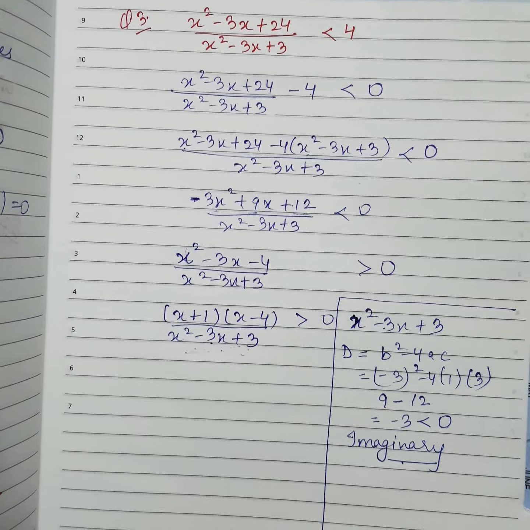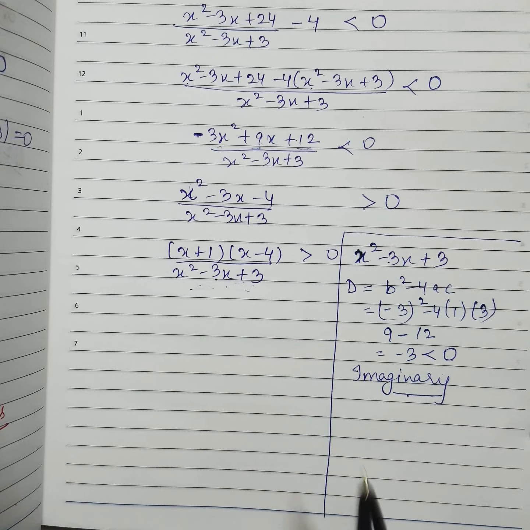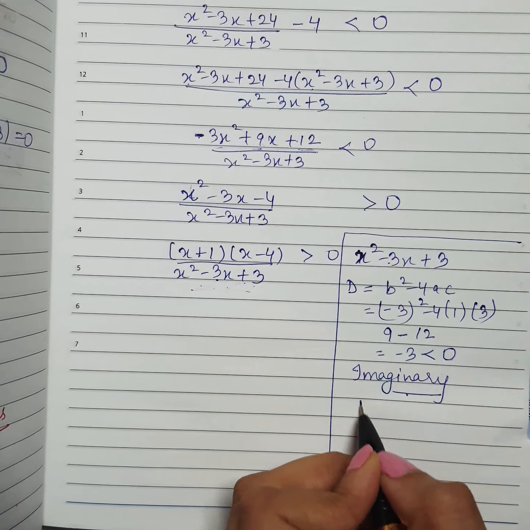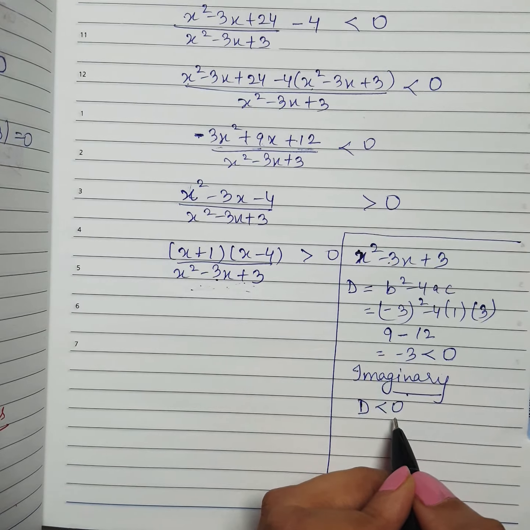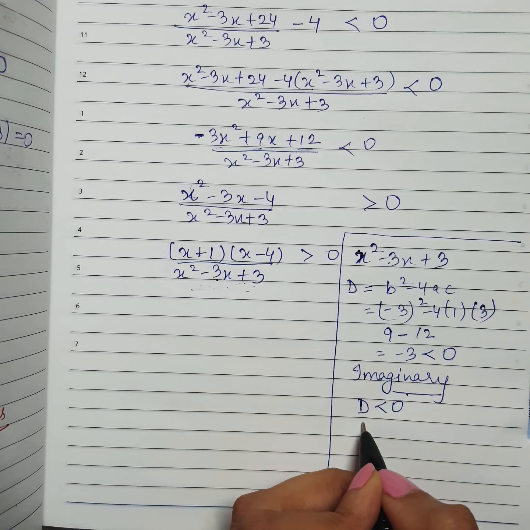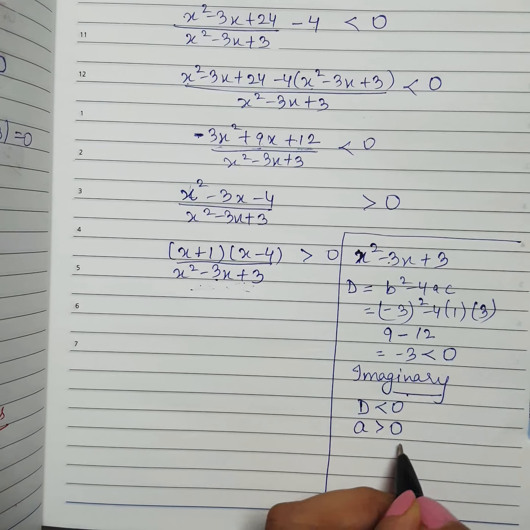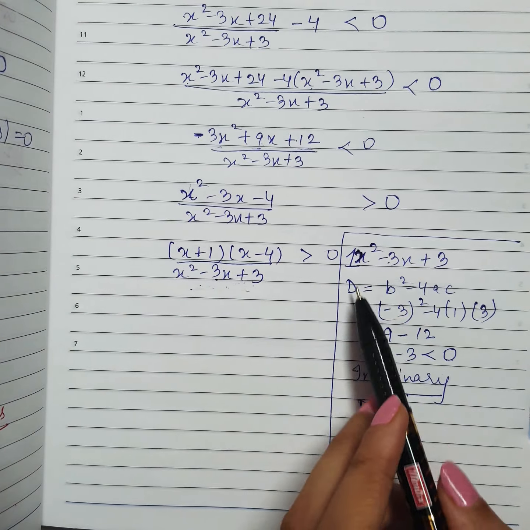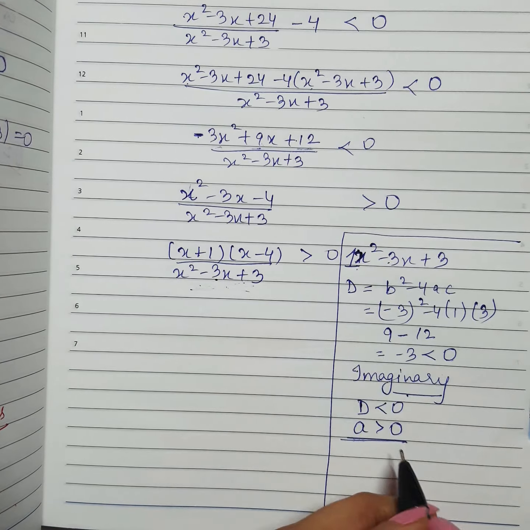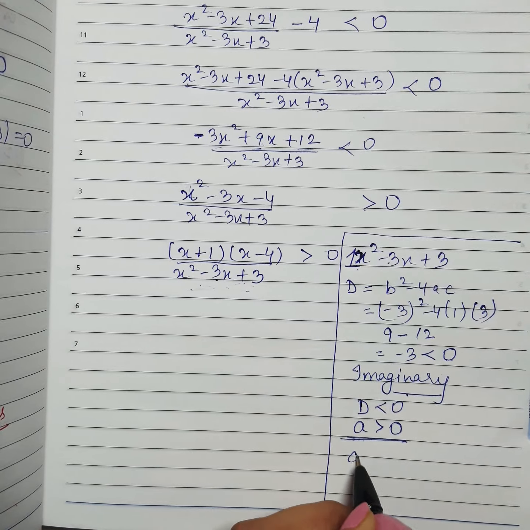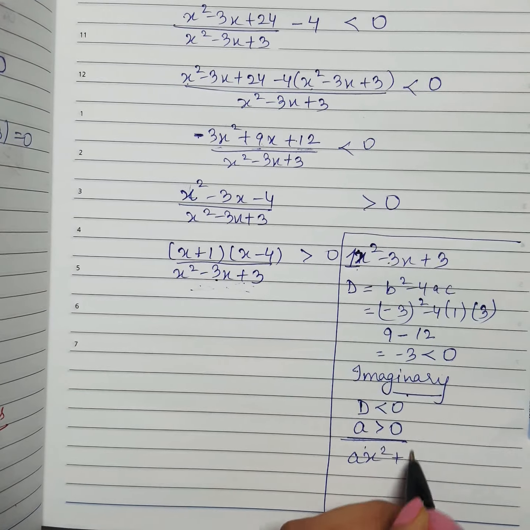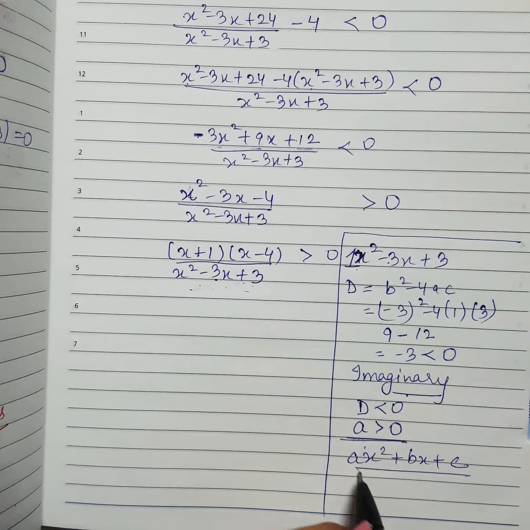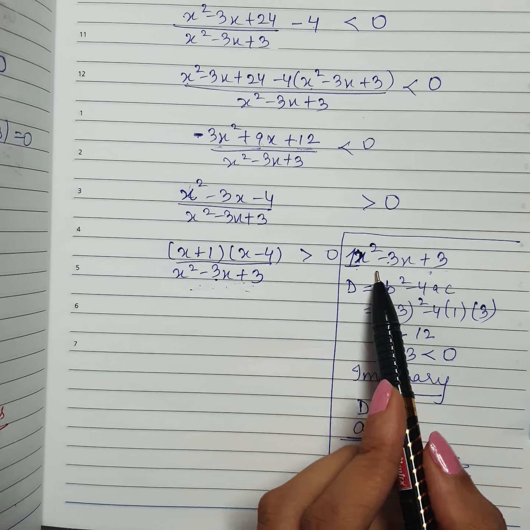But we know one thing from quadratic equations, that whenever discriminant is less than 0 and a is greater than 0, a means the coefficient of x square. The standard form is ax square plus bx plus c. The equation is already expressed in the standard form.